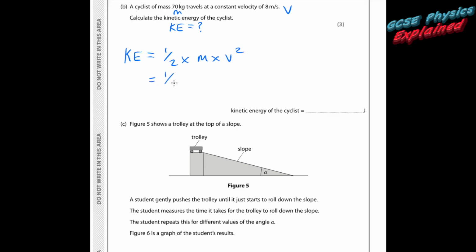Let's put the numbers in. So that's a half times by 70 kilograms times by 8 squared, and remember to do the 8 squared first, and that comes out as 2,240. Once again, that'll be joules. And remember to type a half into your calculator as 0.5.